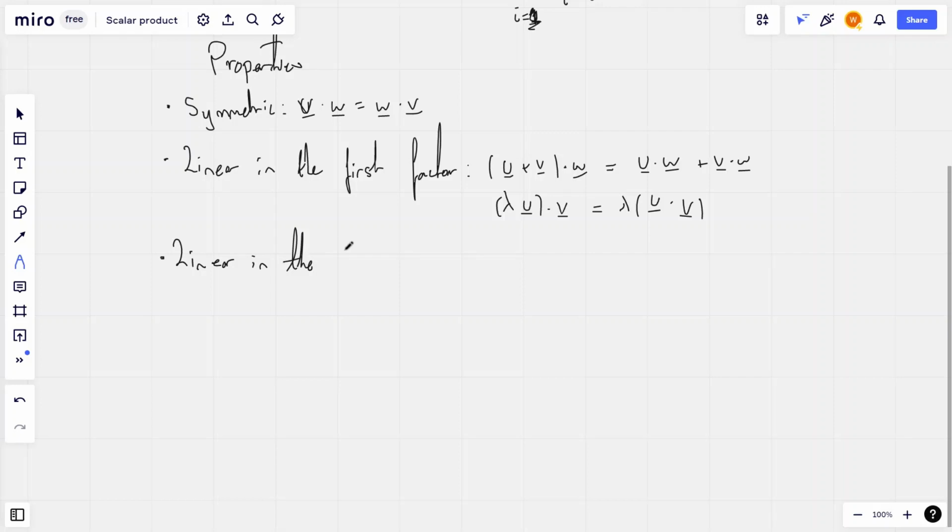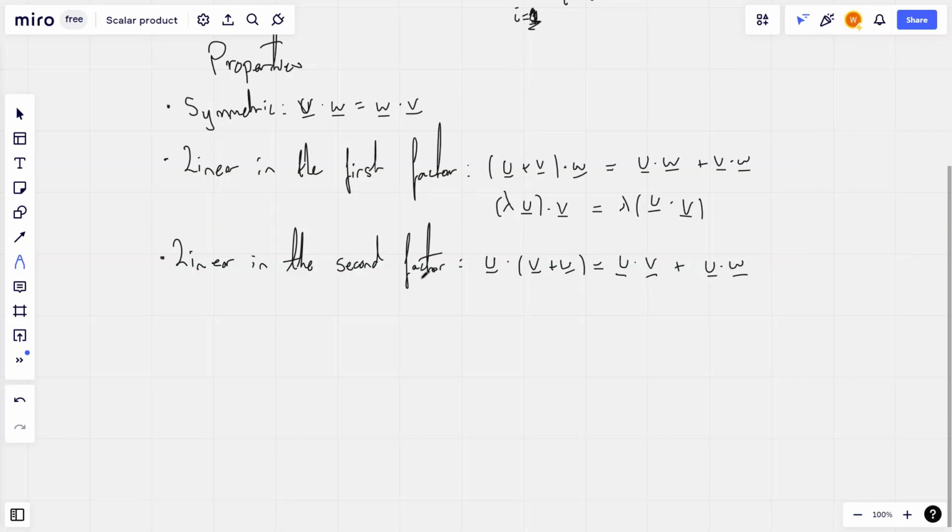Okay, so it's linear in the second factor, which is almost the same thing. However, we're just looking at the second terms instead. So we have u dot v plus w is equal to u dot v plus u dot w.